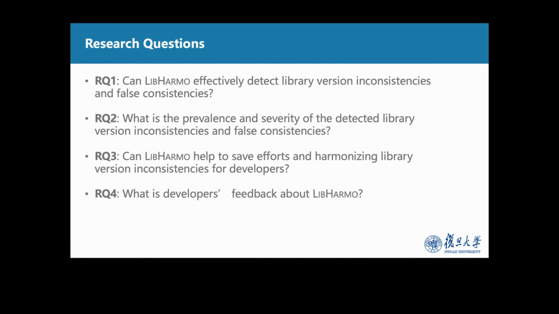RQ2 is, what is the prevalence and the severity of the detected library version inconsistencies and false consistencies? RQ3, can LibHarmo help to save effort and harmonize library version inconsistencies for developers? RQ4, what is developers' feedback about LibHarmo? As for RQ2, you can see the findings in our paper.